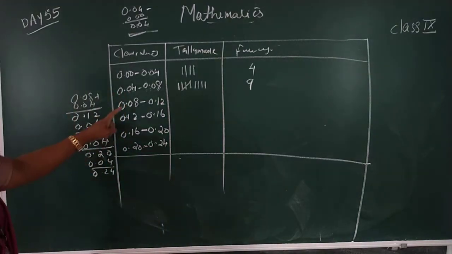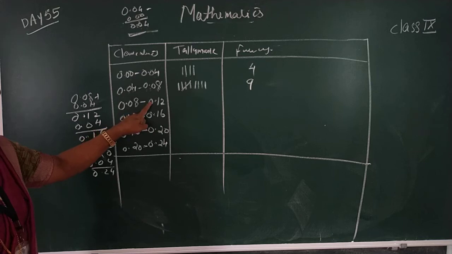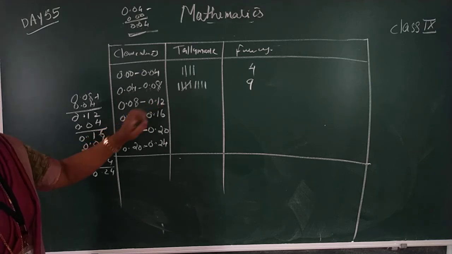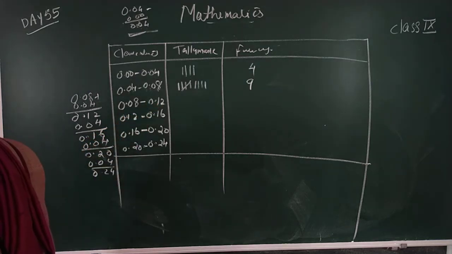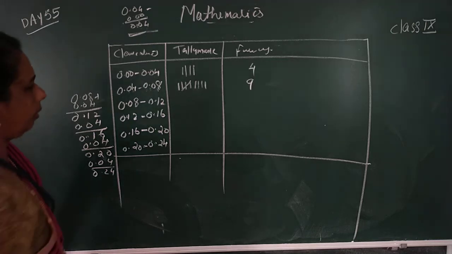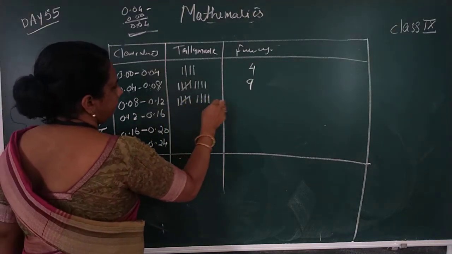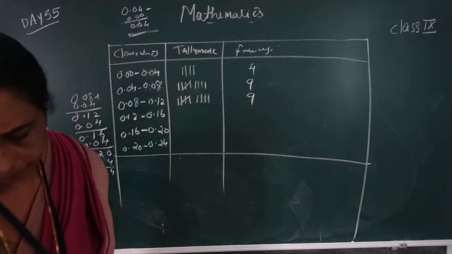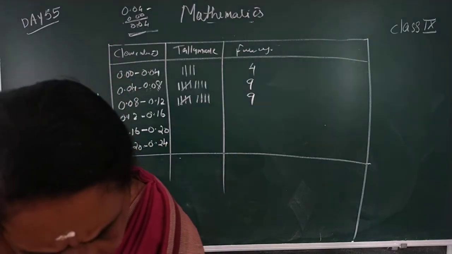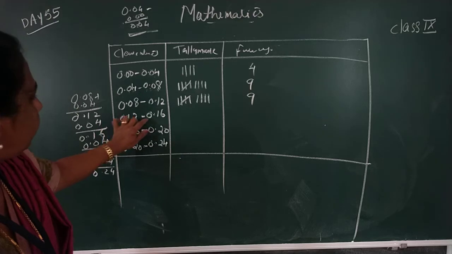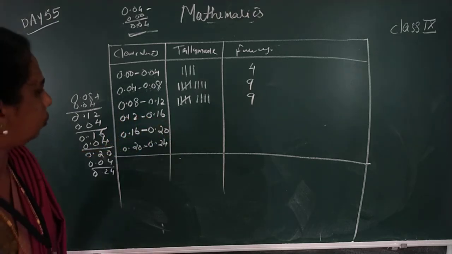Then 0.08 to 0.11, how many observations are there? 9. Again 0.12 to 0.15, only 2 observations.